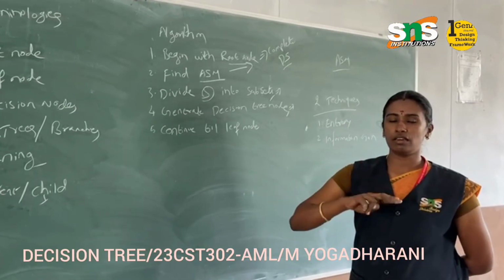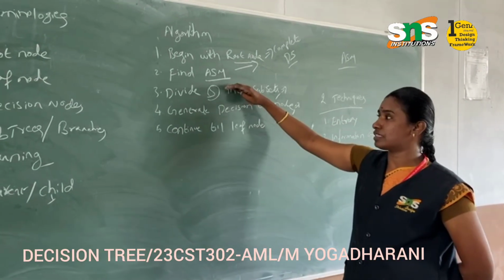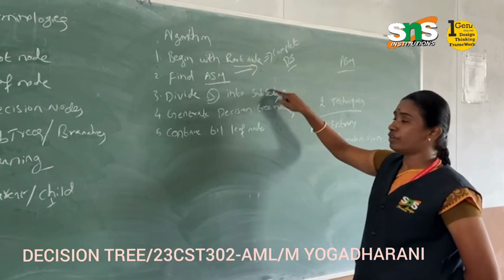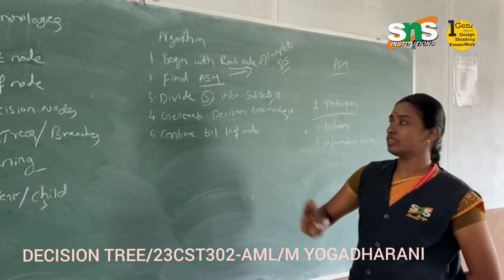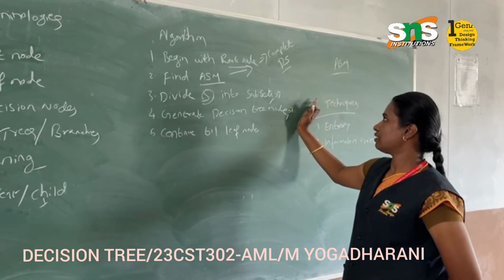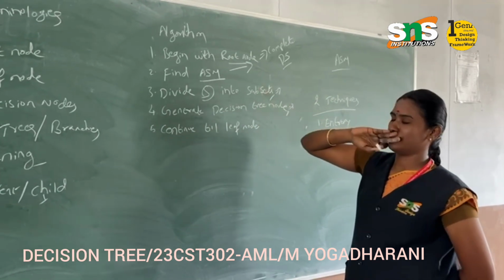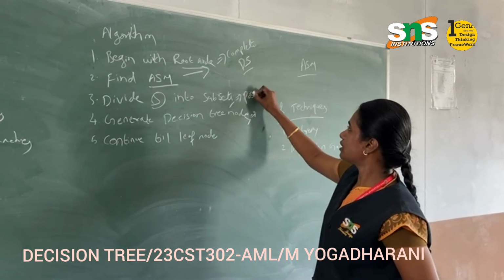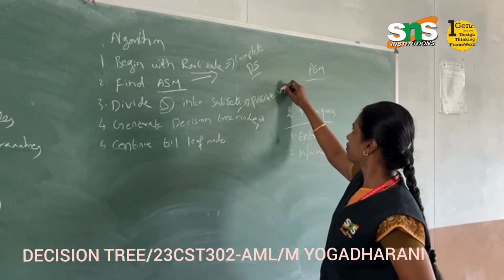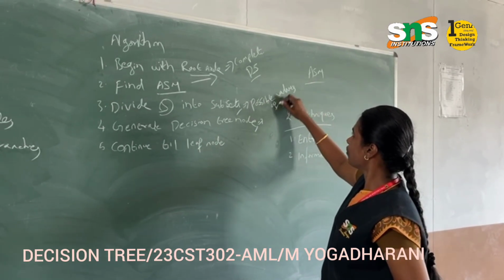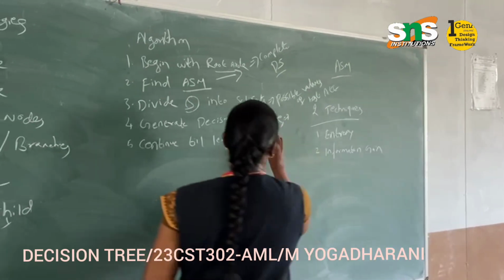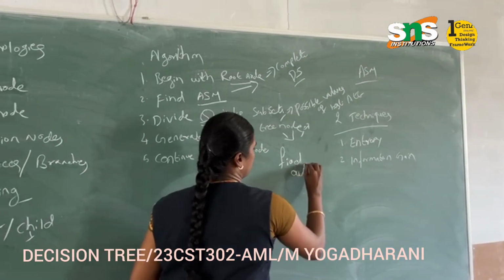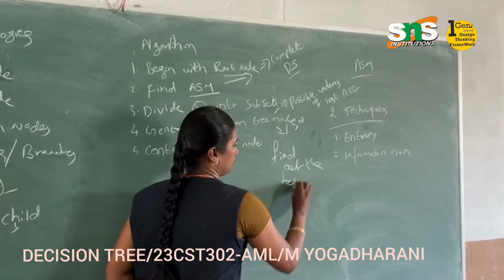So you must know the difference between the third step and the fourth step. In the third step, the possible values of the attribute are discussed, and in the fourth step we find out the best attribute.